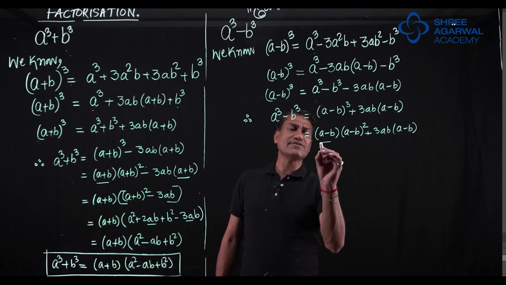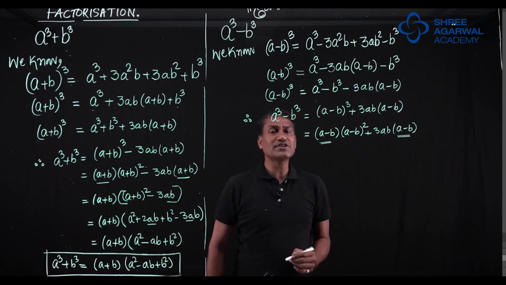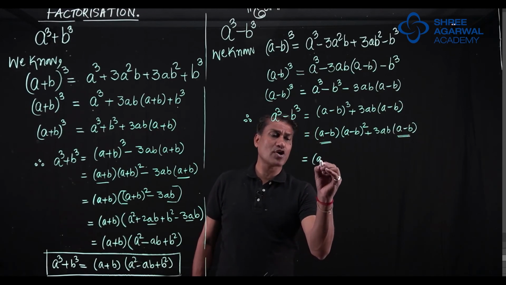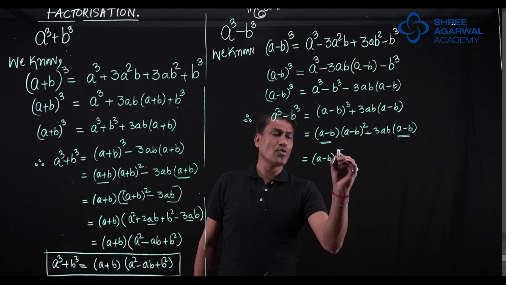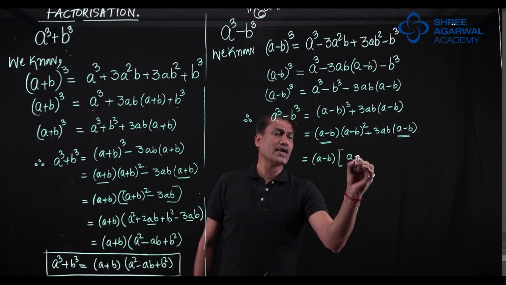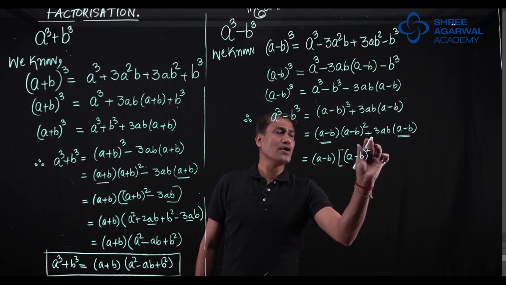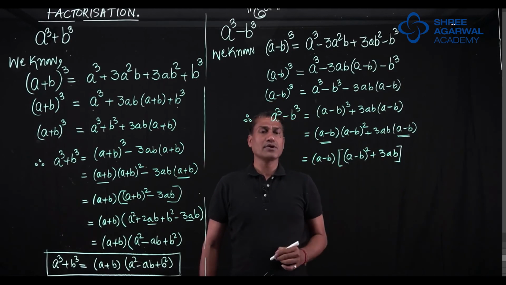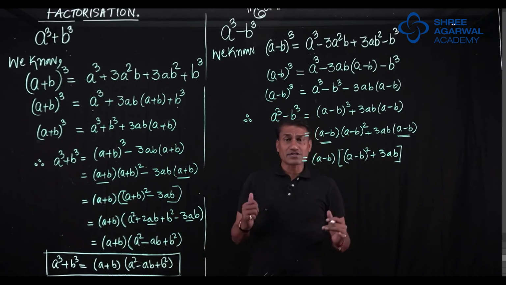Now if you can see, this bracket is common. So we will take out this bracket a minus b as common. What remains inside is a minus b bracket square plus 3ab. Now let us simplify.